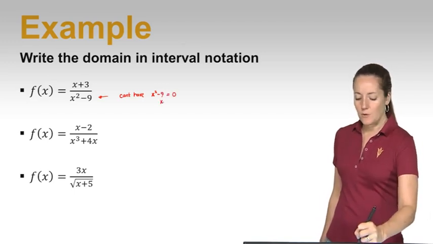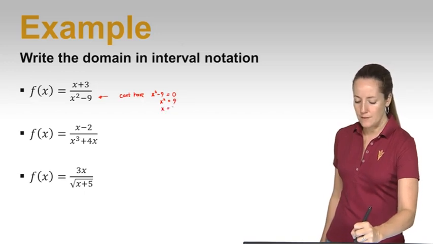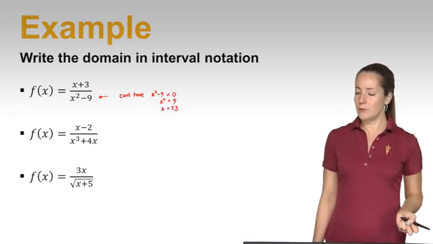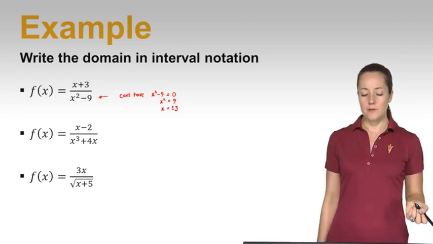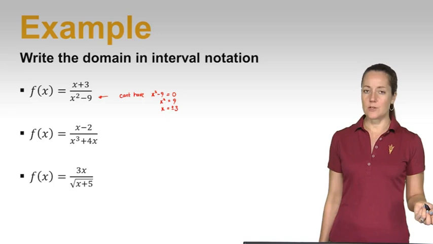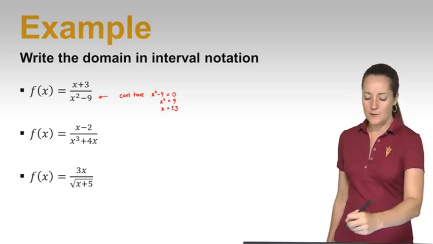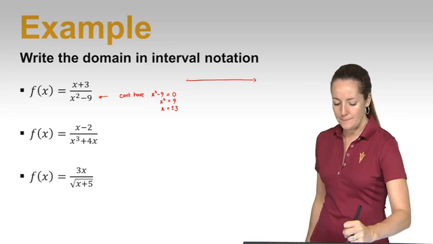So if I figure out what values of x make x squared minus 9 equal 0, well, that would be either x equal to positive or negative 3. Those are the things that we can't have. So my domain in this case is everything except for positive and negative 3. Now in interval notation, that might be easier to see what these intervals are, thinking about a number line.